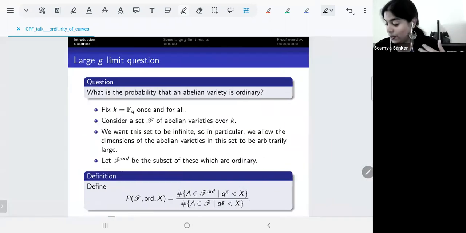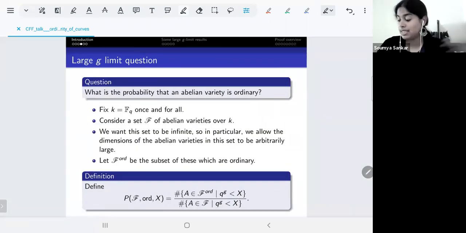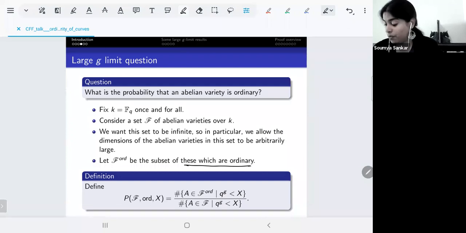F_ord is going to be the subset of these which are ordinary, and we define the ratio of the number of ordinary abelian varieties of bounded genus over the total number of abelian varieties of bounded genus.